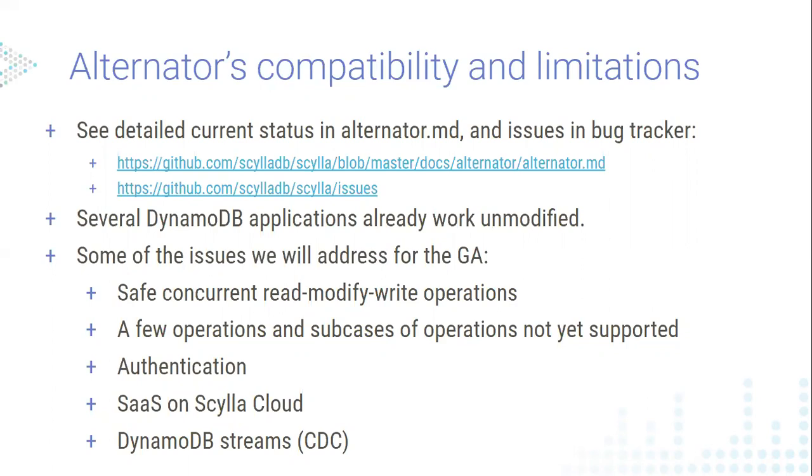If you do two of these in parallel, it just does a read and then a write. We need to add LWT to make these requests isolated. So if that's what you need, you shouldn't use Alternator yet, because it probably won't give you the isolation guarantees that you need.